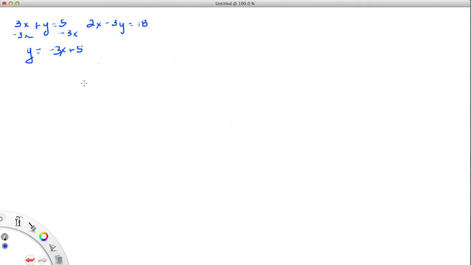So I'm going to do the second one. I'm going to solve it for y. I'm going to subtract 2x. So I have negative 3y equals negative 2x plus 18.